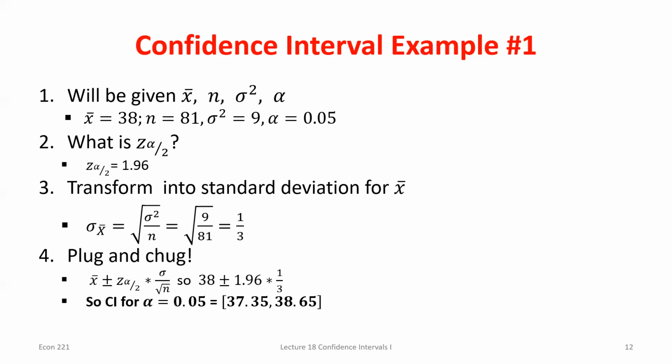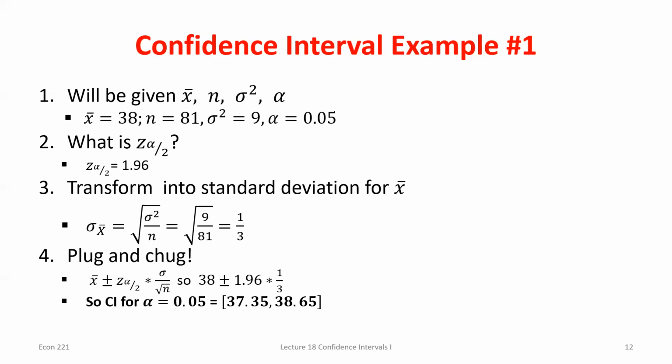We said we don't know what the true population mean is, but the standard deviation we just found was 1/3. Right? So what I'm doing with my confidence interval is going a certain number, in this case, if I want a 95% confidence interval, 1.96 standard deviations above and below. So 1.96 times a third above and below.